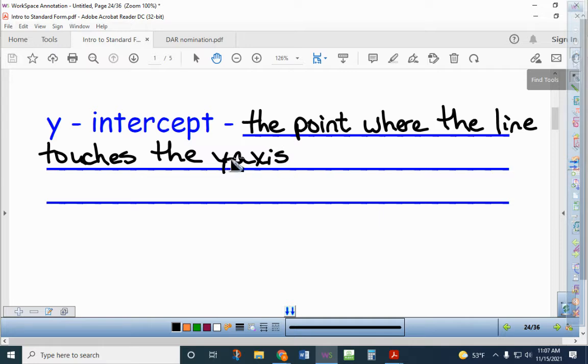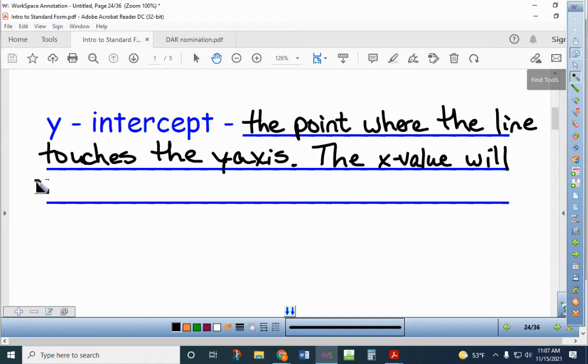And again, notice the y and the y. The y value, sorry, I said that wrong. The x value will be 0.